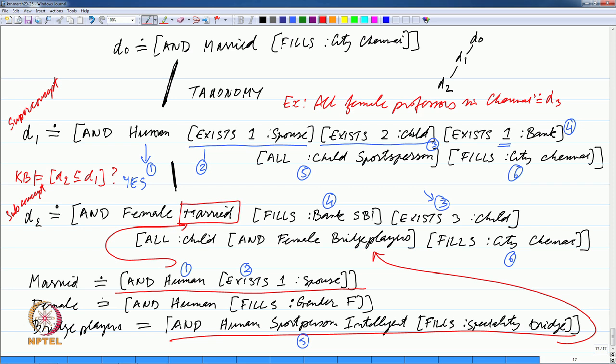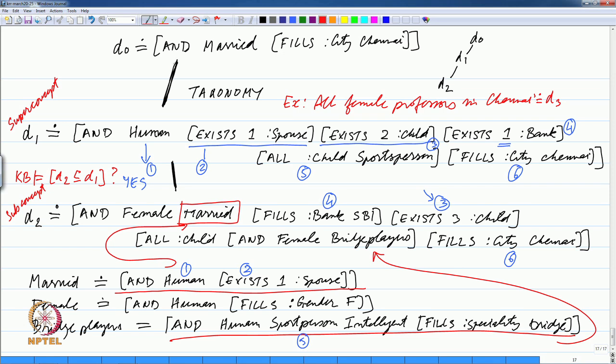Okay, so now you will see that there is something very similar to what we were doing when we were looking at frames. Frames also had this taxonomy essentially, because you had the is-a relationship, right. So, you can say that this is a relation. The sub concept is a type of super concept essentially.